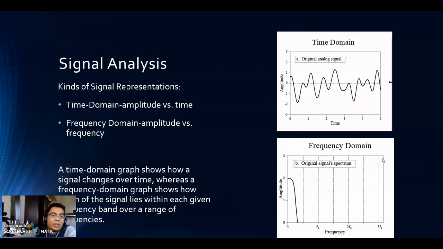The difference between these two signal representations is that a time domain graph shows how a signal changes over time, whereas a frequency domain graph shows how much of the signal lies within each given frequency band over a range of frequencies.